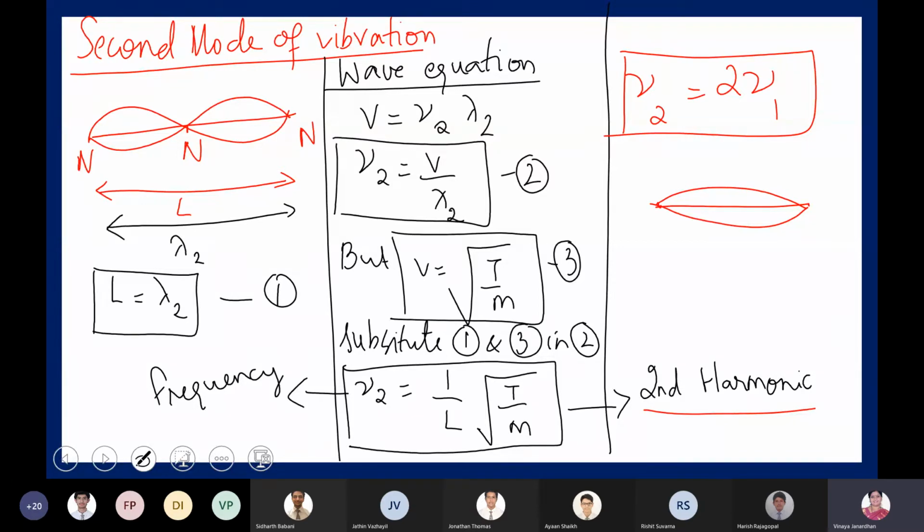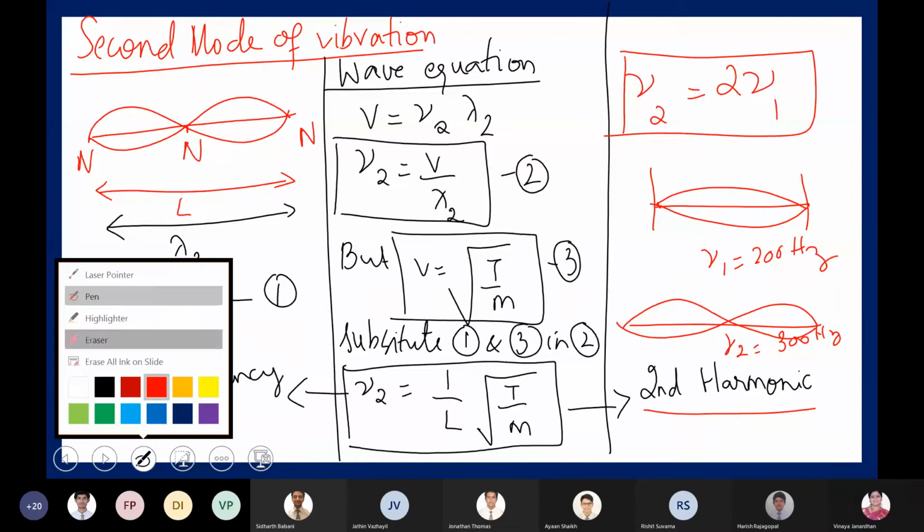Mode of vibration means if you make the wire vibrate in this way so that only the first pattern is formed, then the wire will vibrate, say, with a frequency of 200 hertz. If you make it vibrate in another mode, its frequency might be 300 hertz. So you can change the frequency of the vibrating string by changing the modes of the waves.